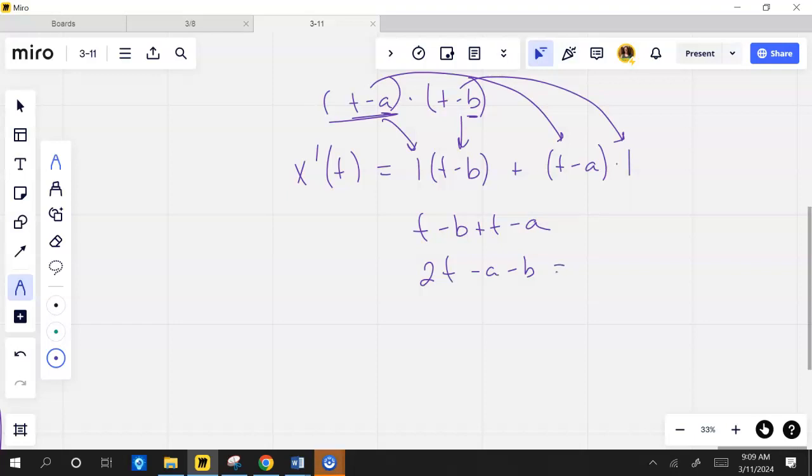When is it at rest? So when does that equal 0? Because it's at rest when position equals 0. I mean when velocity equals 0. So add a and b and divide by 2 and you get t, if I solve this.